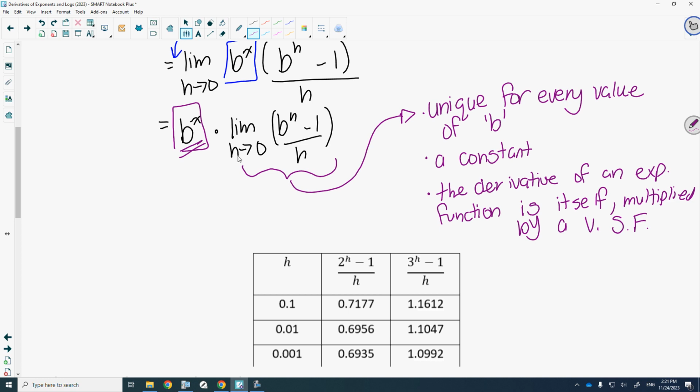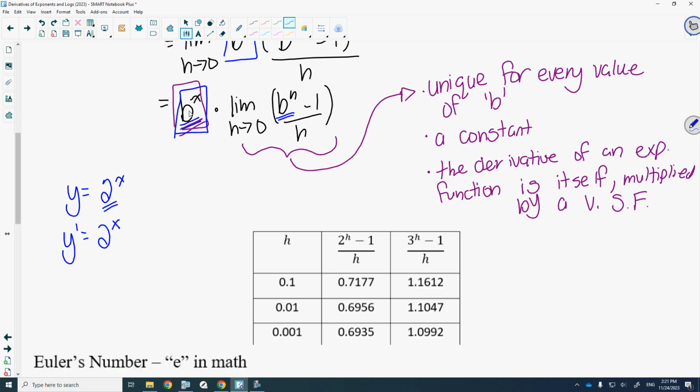So let's just say I said, I want you to find the derivative of 2 to the power of x. So my base is 2. The derivative of 2 to the power of x is going to be 2 to the power of x. The derivative of an exponential function is the exponential function.